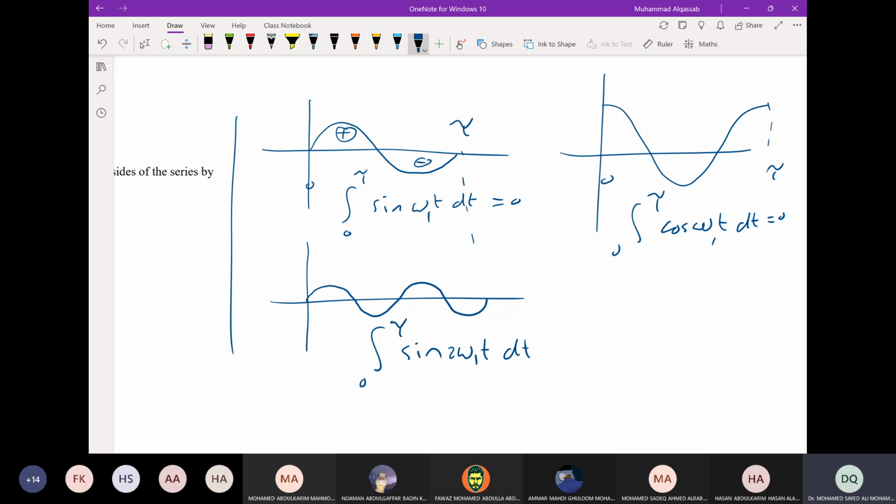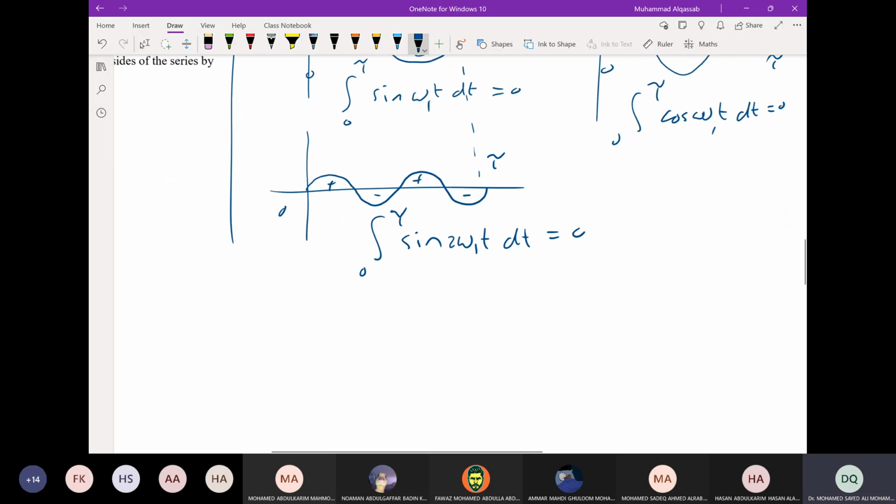This is also equal to 0, because here is a plus and a minus. The same thing for the cosine. So in general, the integration of sine omega n t dt from 0 to tau equals 0, and the integration from 0 to tau of cosine omega n t dt is also equal to 0.